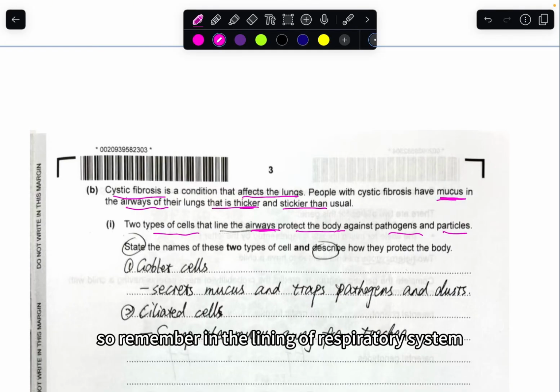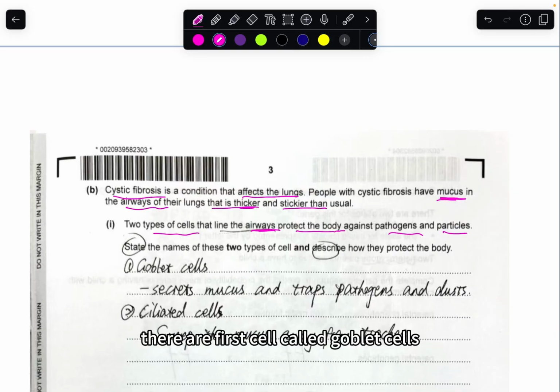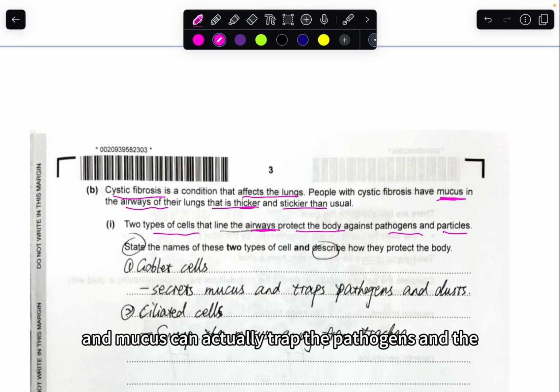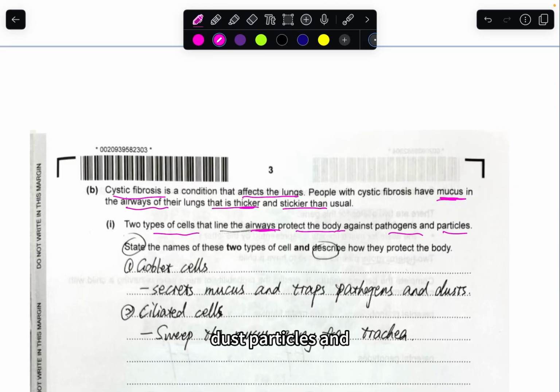Remember, in the lining of the respiratory system, the first cells are called goblet cells. They secrete the mucus, and mucus can trap the pathogens and dust particles, and the air gets clean until it reaches the alveoli.